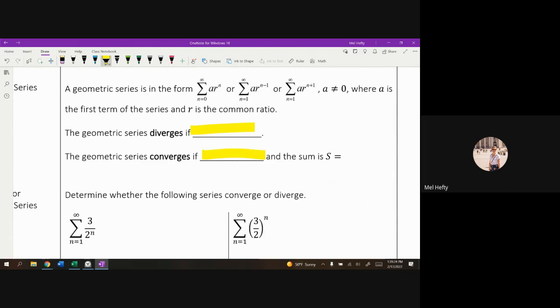Right. What about negative? What if I multiply by negative? That's not bigger than one.